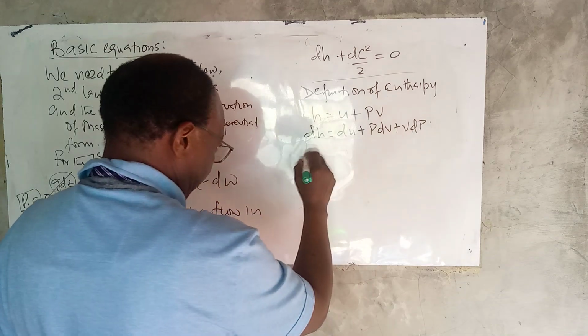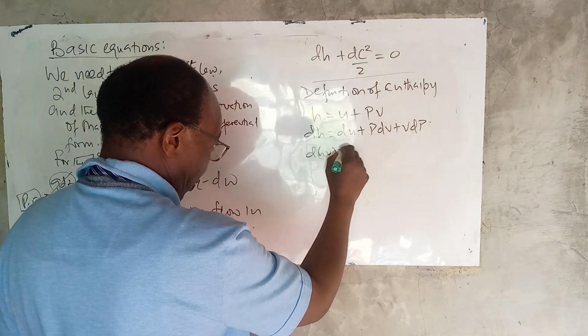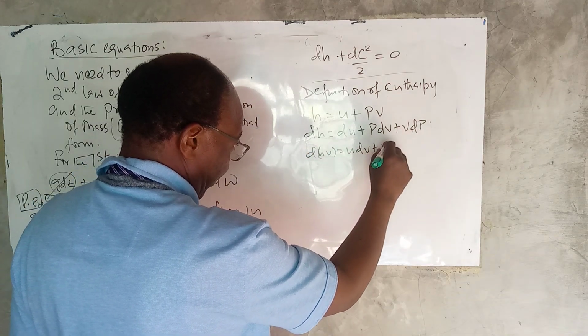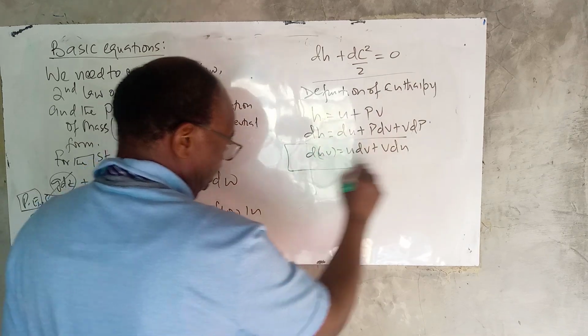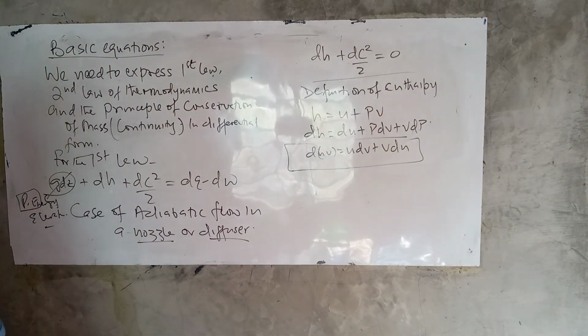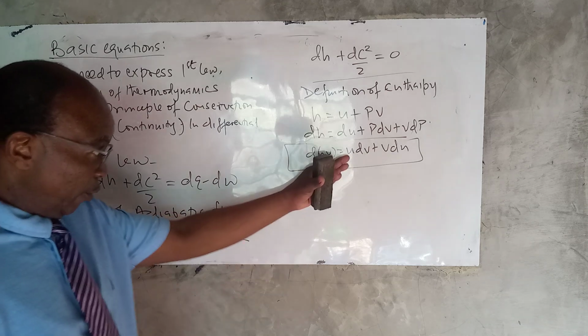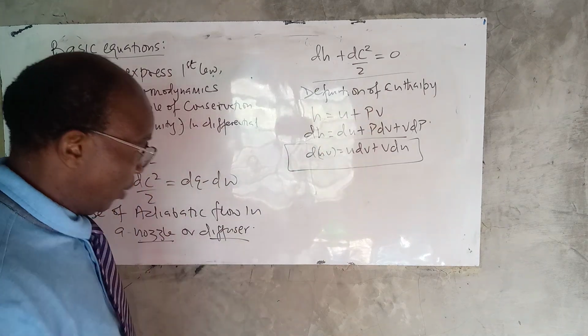We have just used the product rule. Don't forget the product rule: d(UV) is U dV plus V dU. Always remember that. That's very important. That's what we have used to expand that quantity.